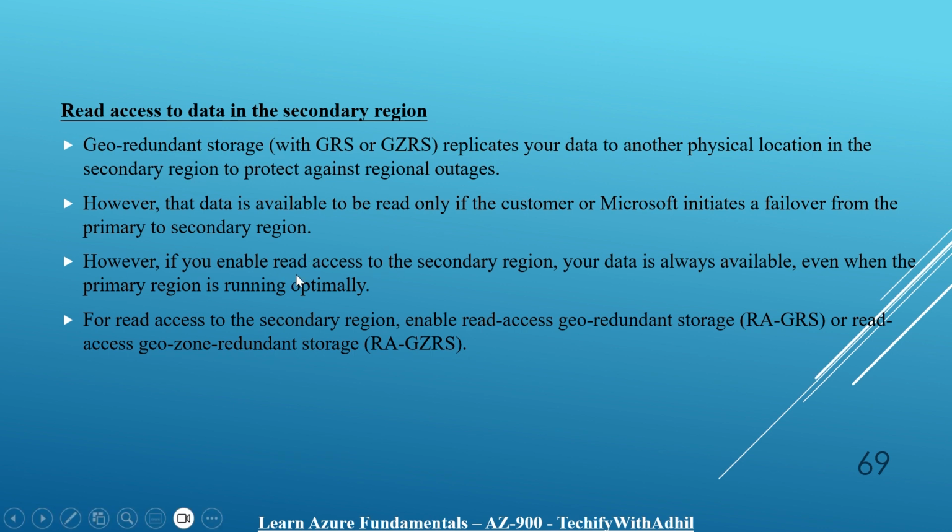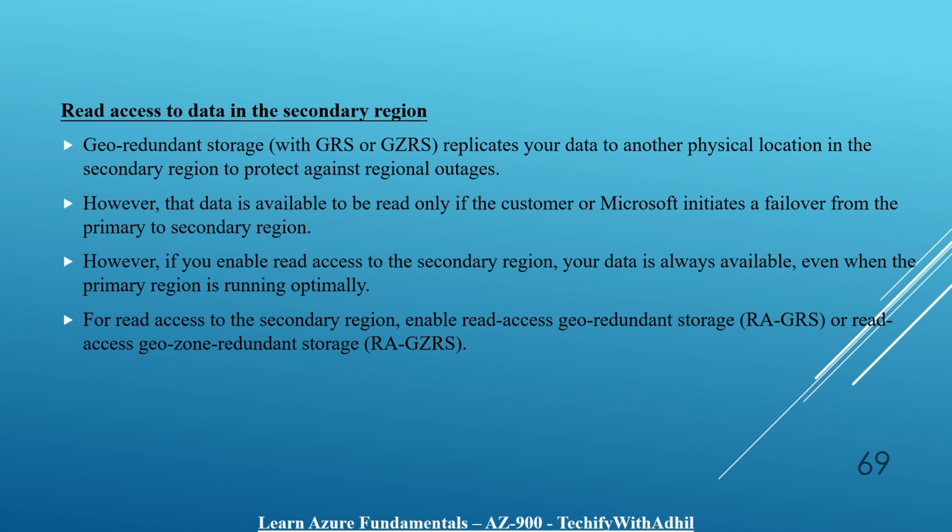However, if you enable read access to a secondary region, your data is always available even when the primary region is running optimally. So for read access to the secondary region, enable read access geo-redundant storage or read access Geo-Zone-Redundant Storage. So if you require your secondary region data to have read access, you still cannot have write access in both regions.